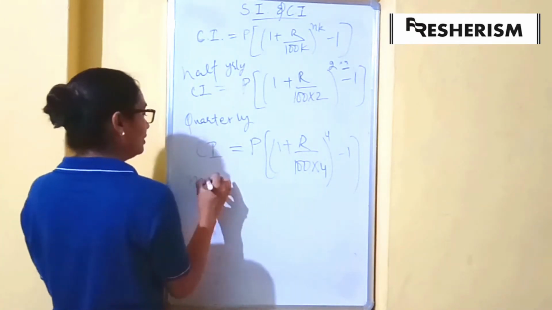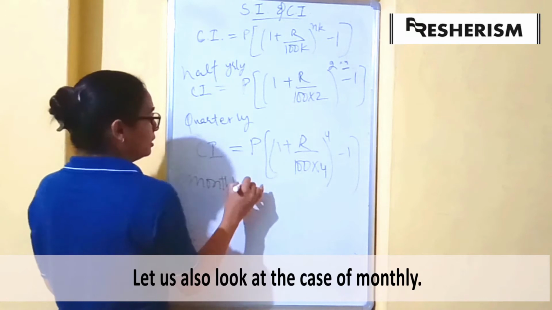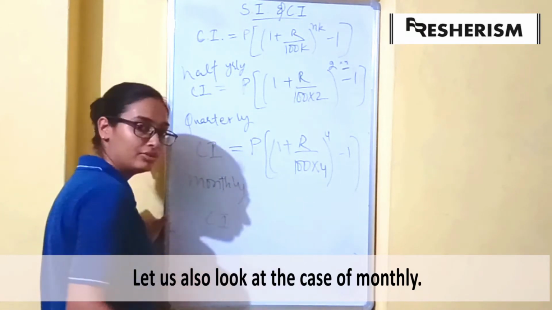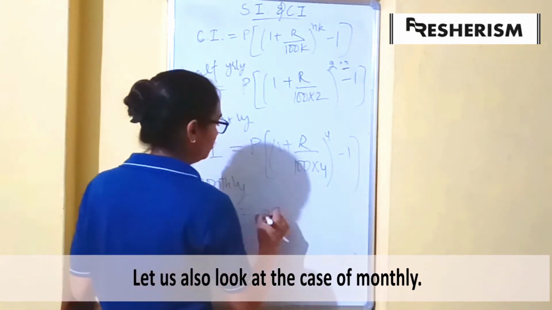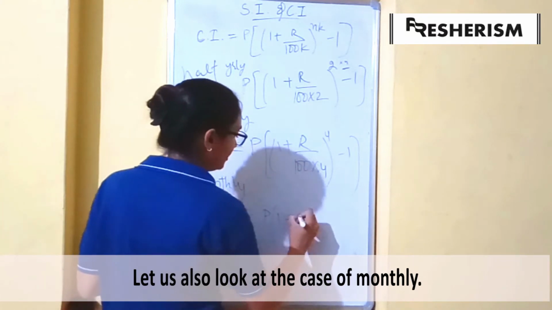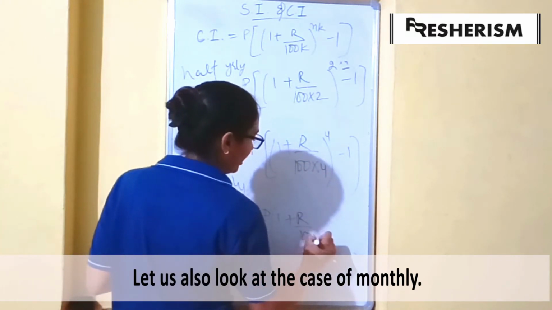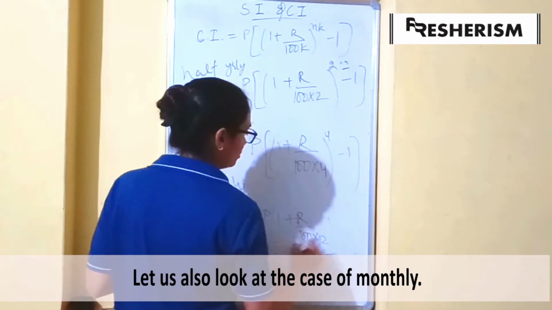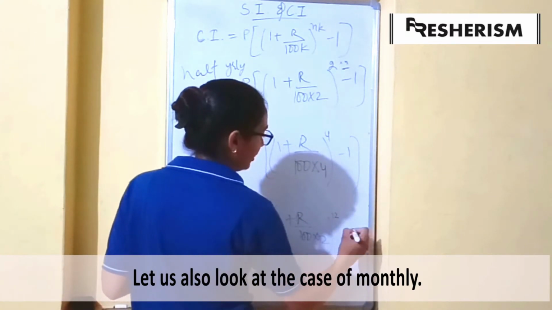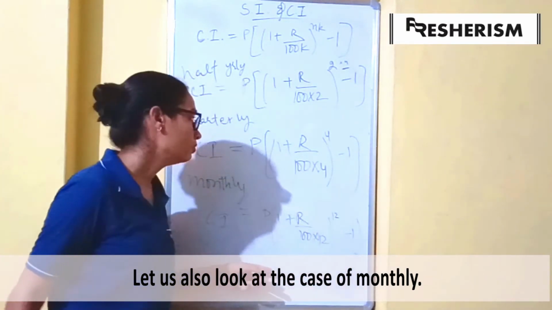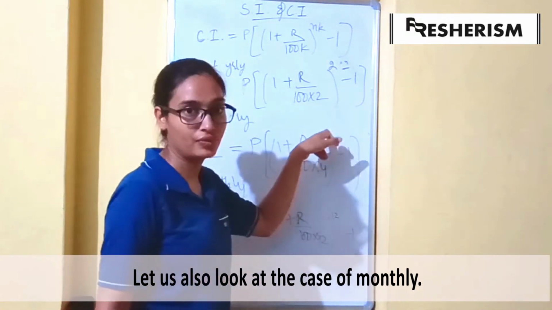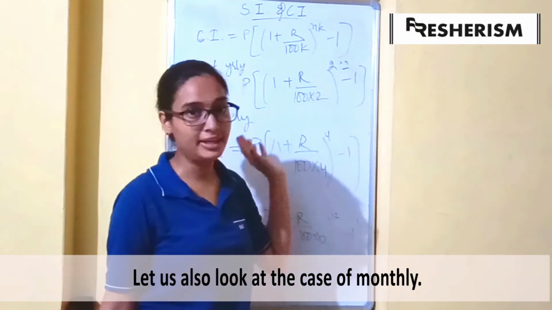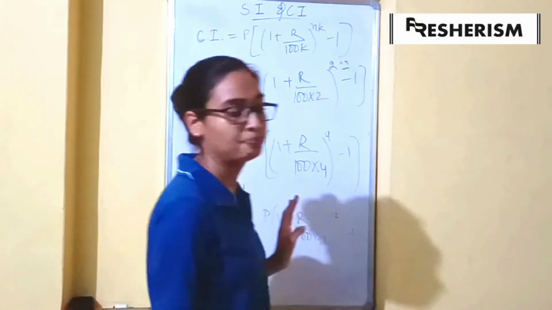And for monthly, we know there are 12 conversion periods, so it will be equal to P times ((1 plus r by 100 multiplied by 12) raised to the power 12 minus 1). So we just have to change the value of k and n accordingly, the rest will remain same.